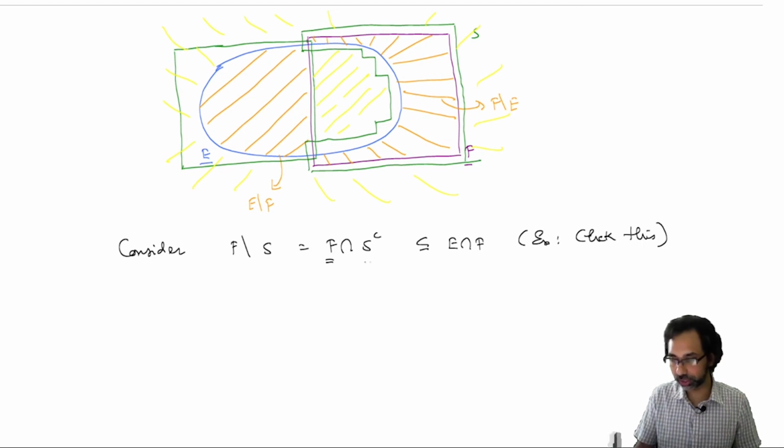You can simply show that this lies within E intersection F.